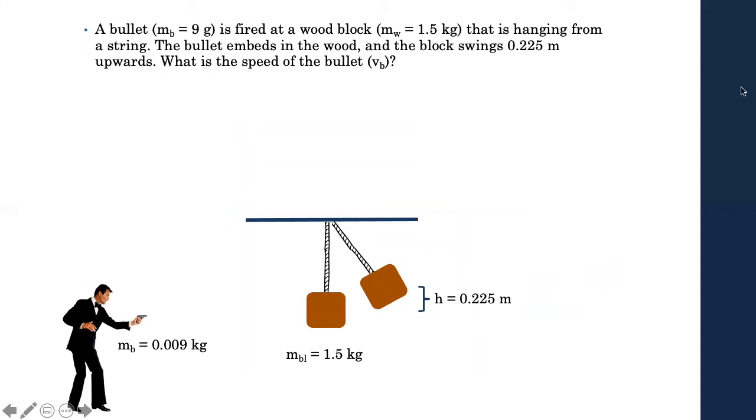Suppose a bullet, and I give you the mass of the bullet in grams, is fired at a wood block, and there's the mass of the wood block. The block is hanging from a string, and the bullet embeds in the wood, and the block swings 0.225 meters. What is the speed of the bullet?